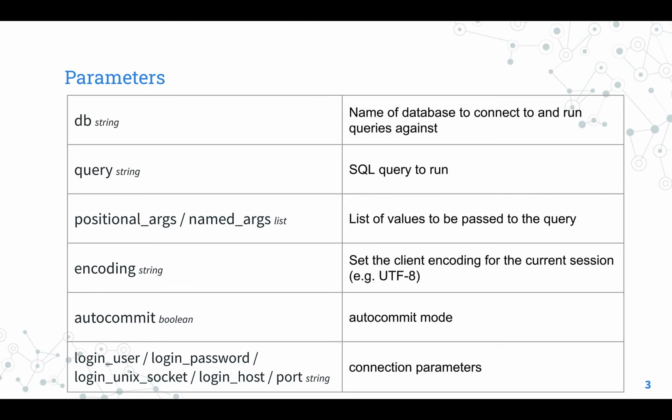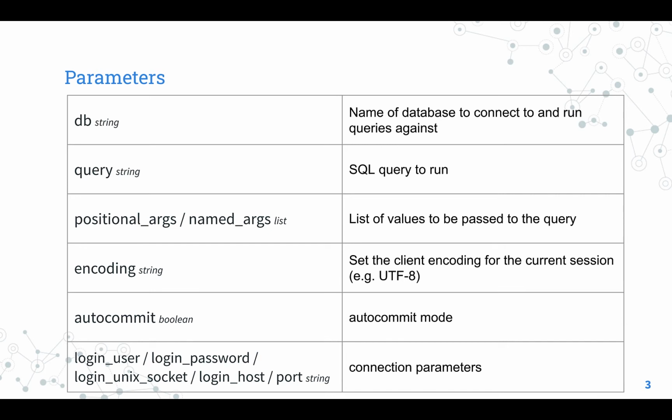Another important parameter is query, the SQL query to run. The query could have positional or named arguments that you could specify using positional_args and named_args. You could also specify the encoding of the current session, for example UTF-8.